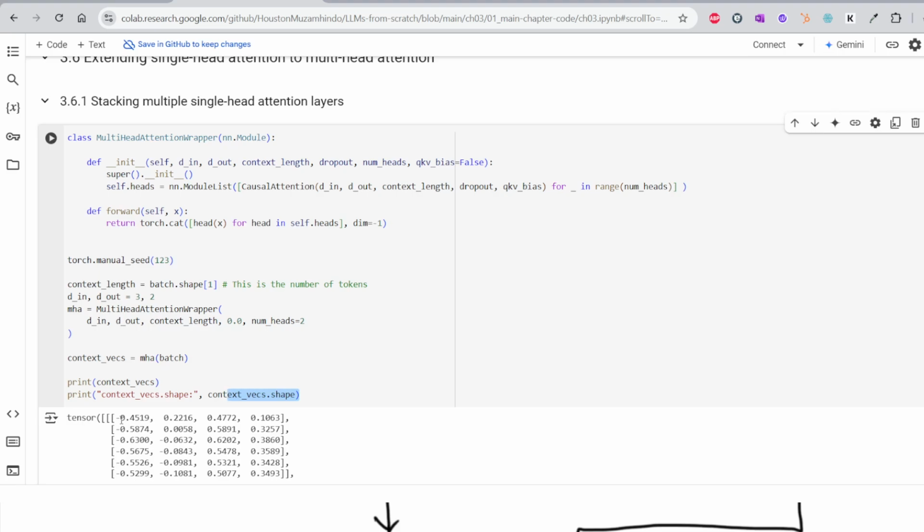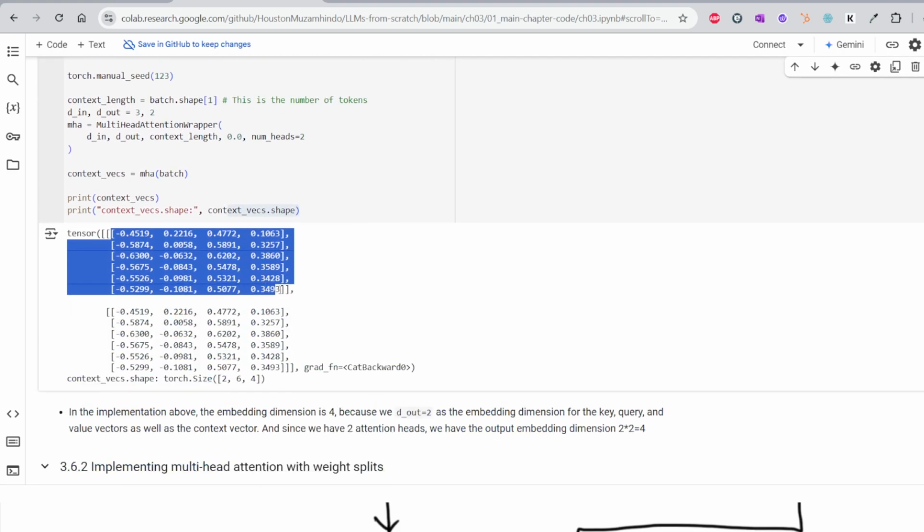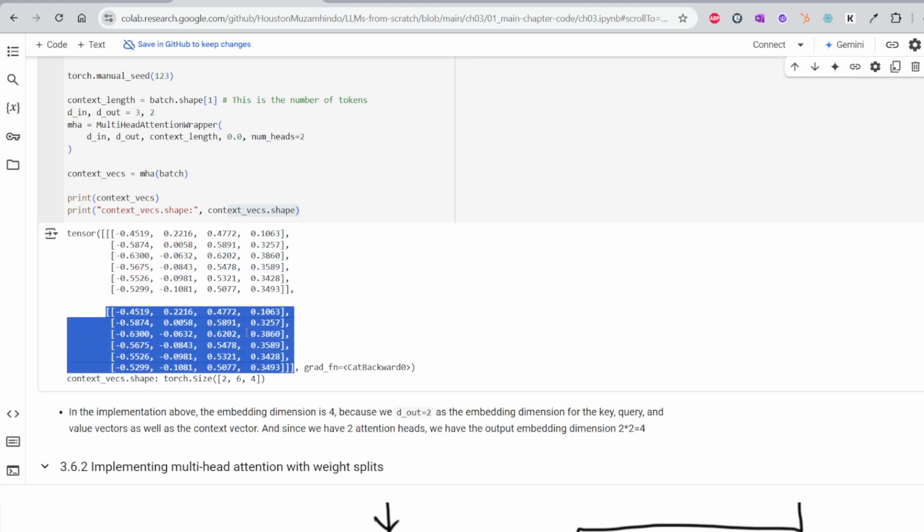So as you can see now, we have this concatenated onto the second one, like we have shown in the drawing. So now these are our context vectors concatenated for each batch. This is the first batch, and this is the second batch.